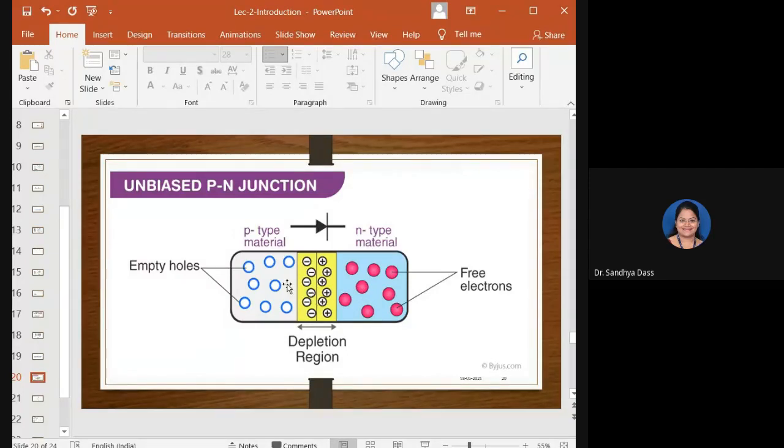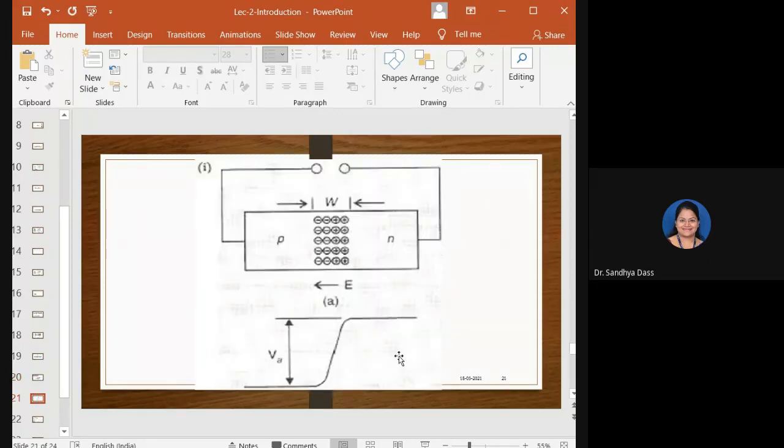Because of this accumulation of ions at the N and P regions, there is some potential developed. So this region now surrounding the junction has no majority carriers. The majority carriers have been repelled away from the junction.